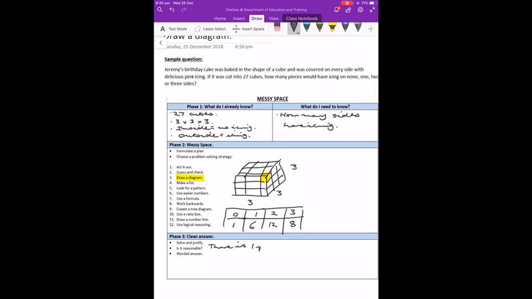There is 1 piece with 0 sides. There are 6 pieces with 1 side of icing. There are 12 pieces with 2 sides.